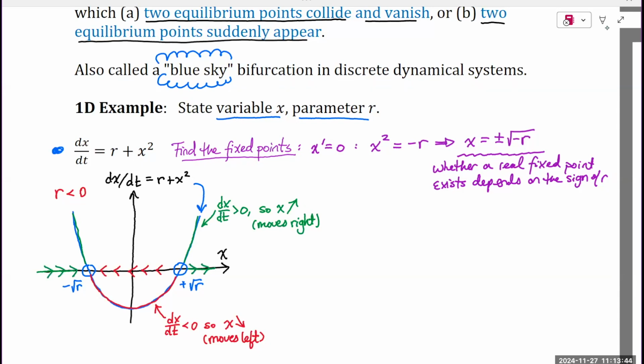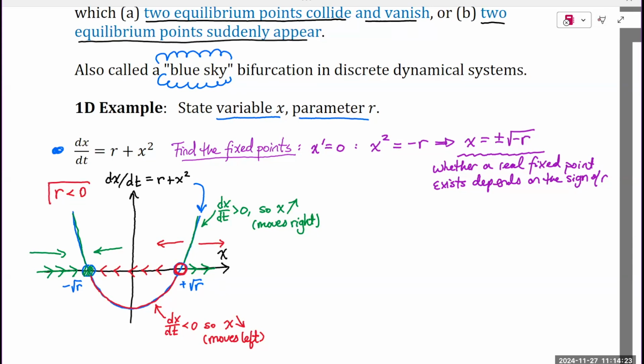Now, if we look at the left-hand fixed point, minus root minus r, we see that all solution trajectories are moving toward it, making it a stable equilibrium point. On the other hand, when you look at the right-hand fixed point, positive root minus r, all solution trajectories are moving away from it, making it an unstable equilibrium point.